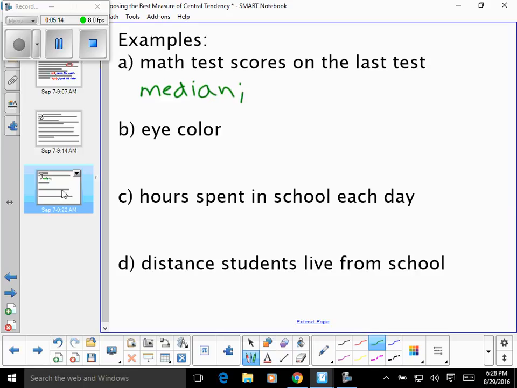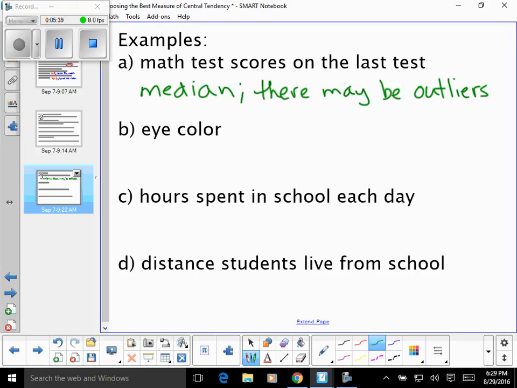And our reasoning is that there may be outliers. Maybe you've got two. Maybe you've got somebody with a score down in the 30s and somebody else who has a score in the 40s. But the rest of the class all scores like 90 and above.